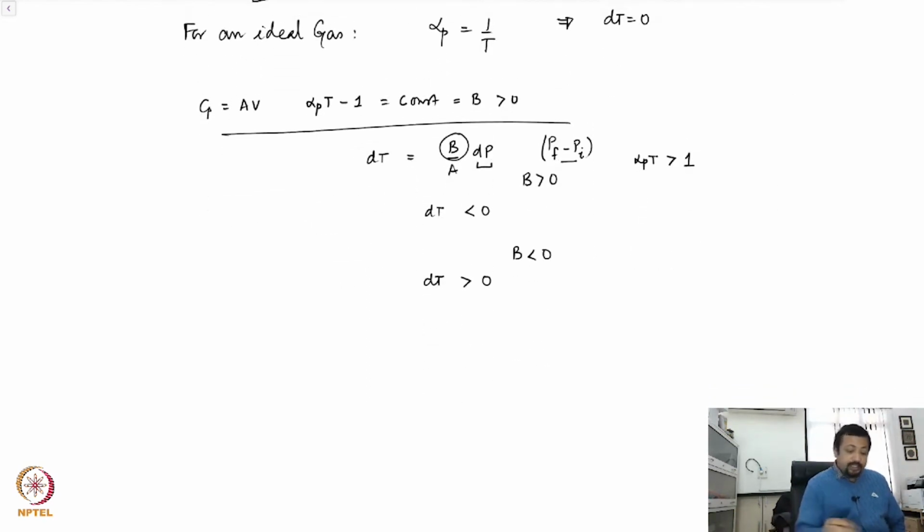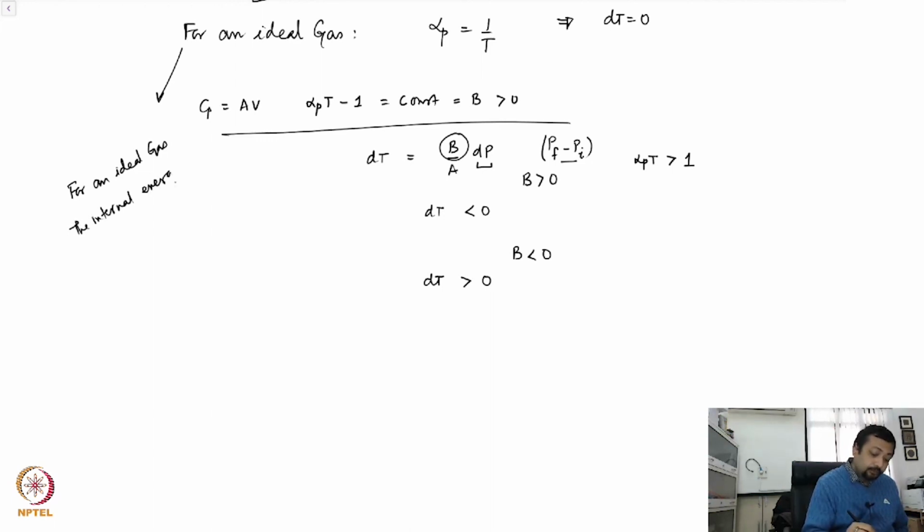So the conclusion that we draw is that for an ideal gas, the internal energy U does not depend on pressure.